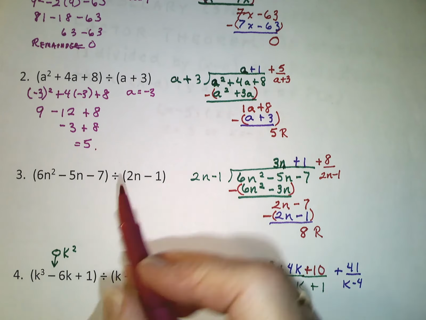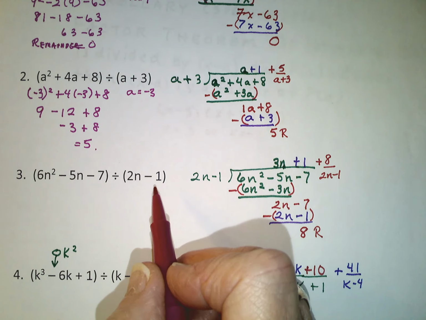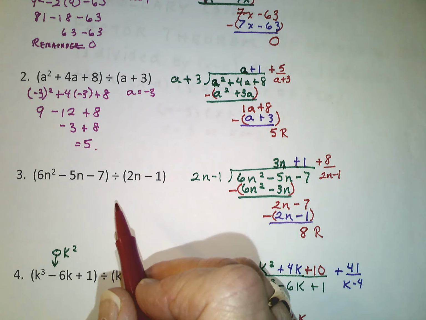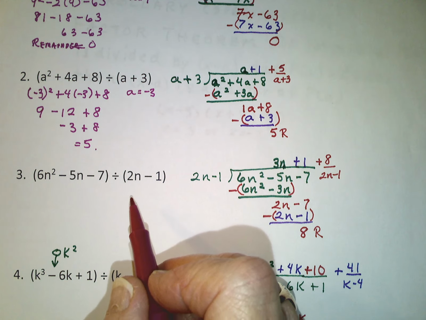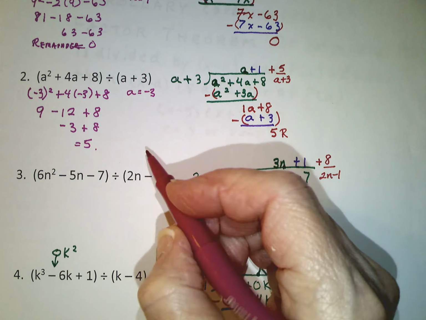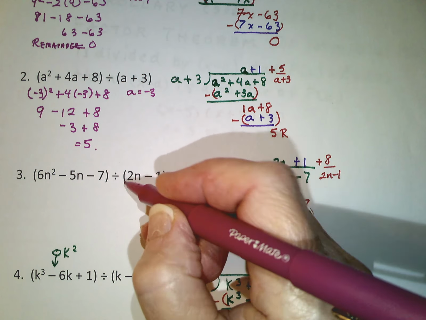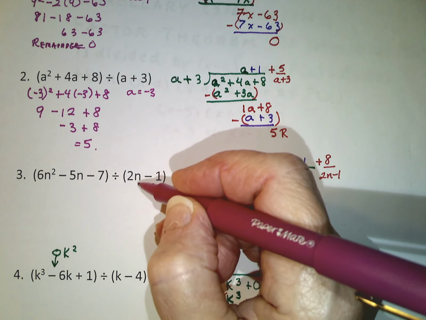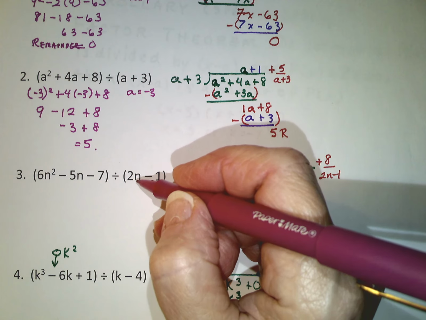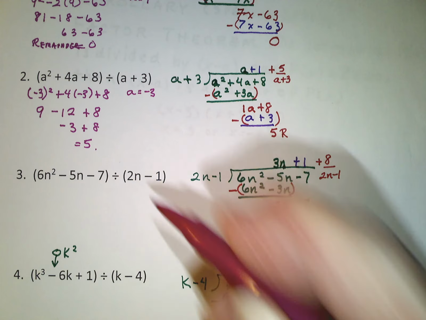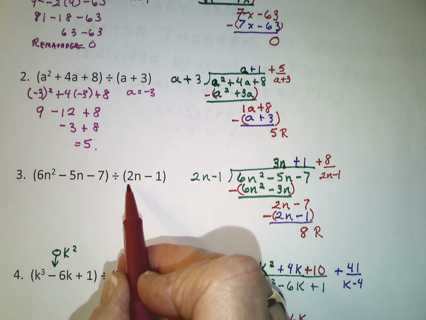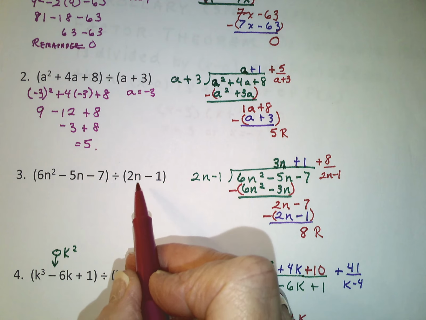How about number 3? Got 2 terms. Shall we just stick a 1 in here? No, we can't. Because for this theorem to work, we have to be dividing by 2 terms with a leading coefficient of 1. We don't. We have a 2. Now, it is possible to get around it. We could divide this by 2, so we'd have a 1 in.